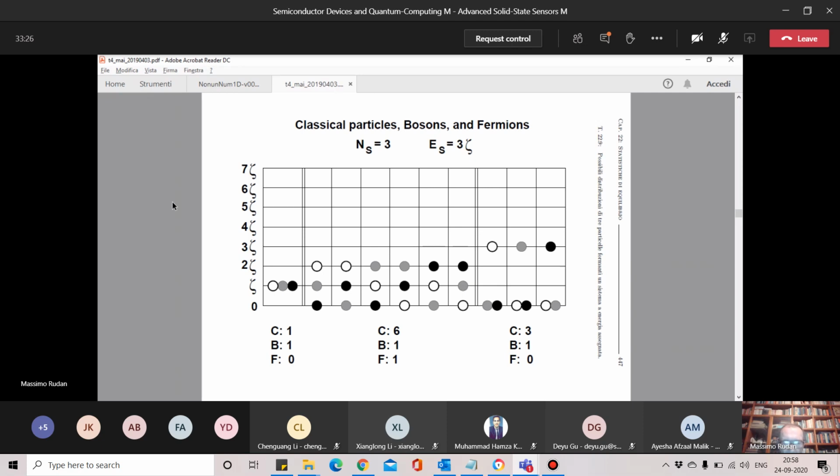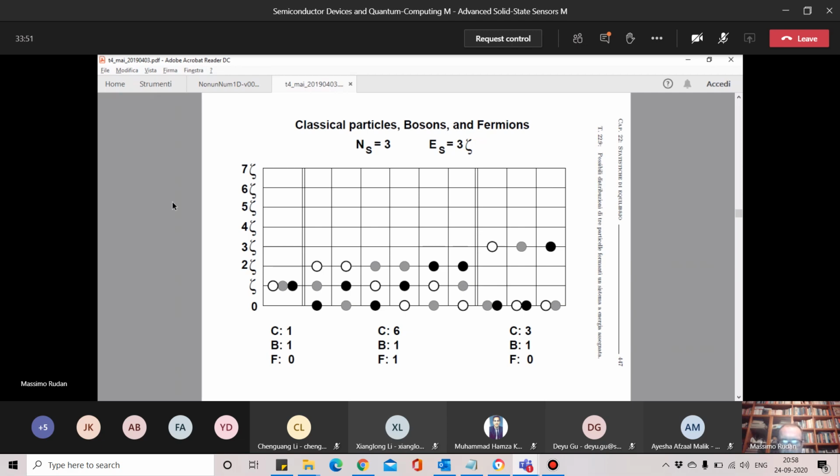So for particles like photons, only 3 cases are possible. One case is 1, 1, 1, the first column on the left. The second case is the group of 6 that reduces to one case, 0, 1, and 2.